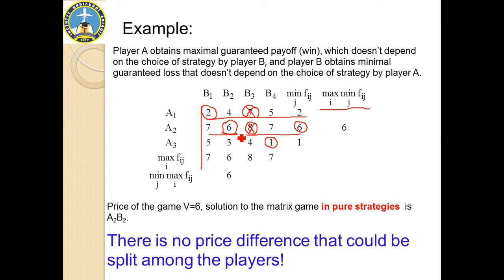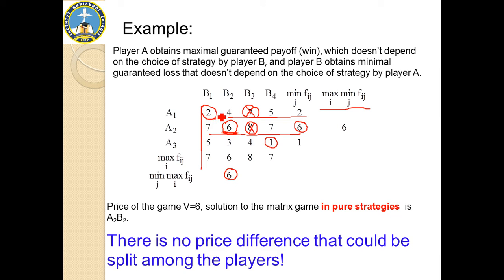which is this one. At the same time, player B can minimize his maximum losses. And again, it turns out that it equals 6.